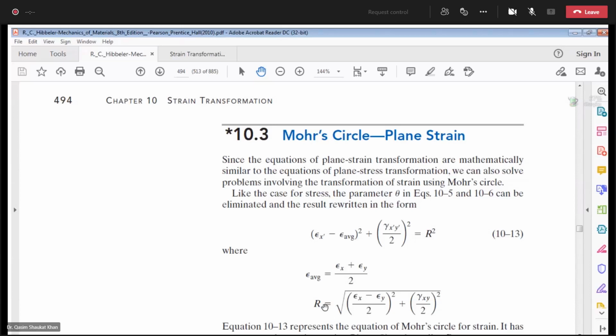The formula is the square root of epsilon x minus epsilon y over 2 squared plus gamma xy over 2 squared. Epsilon x is 250 microstrains, epsilon y is minus 150 microstrains, and shear strain is 120 microstrains. Please calculate the radius.